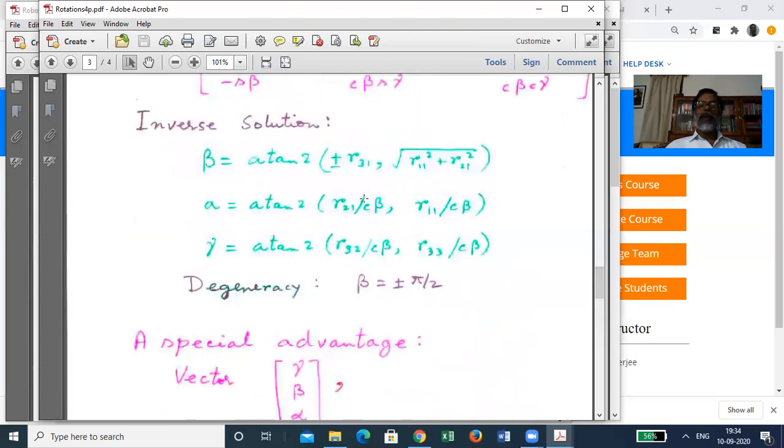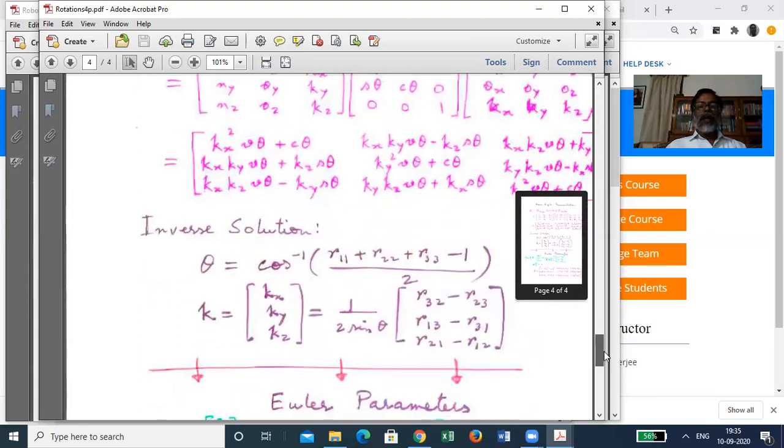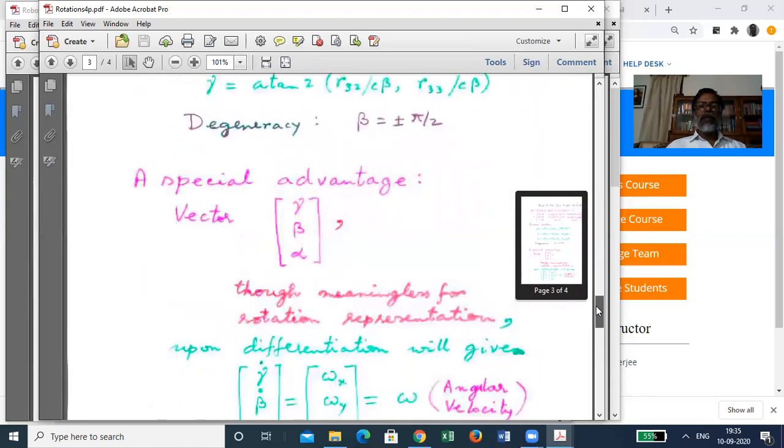So, because at pi by 2, you see, this will become 0, and this will become infinite. So that is the problem. So both the representations have one degeneracy.